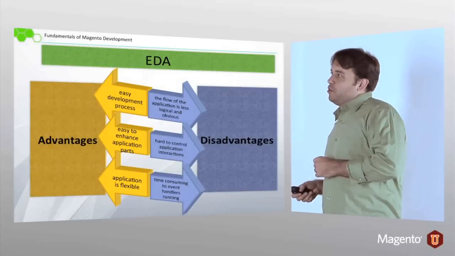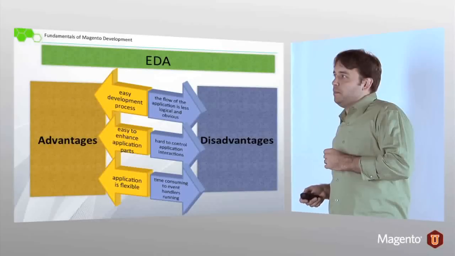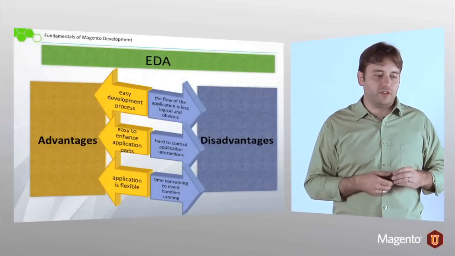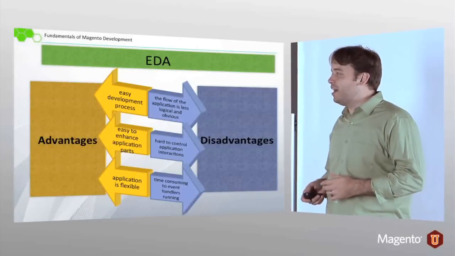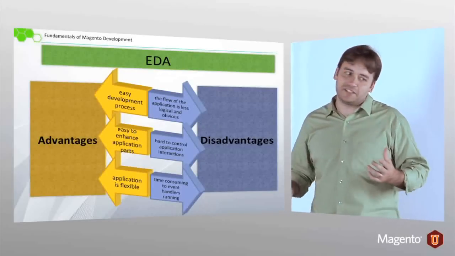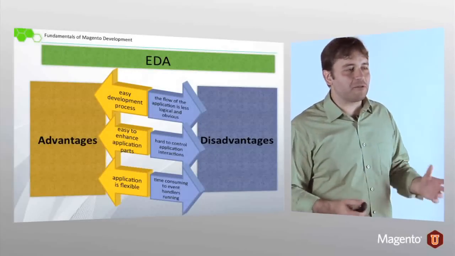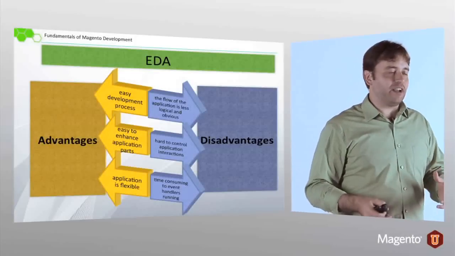But the drawback, of course, is that because it's so disconnected from the logical flow, it's really complex, in that you can have several different events firing at any given time, any number of observers observing those events, changing data, doing things, and you don't necessarily know the order that they're going to happen or necessarily what's going on.